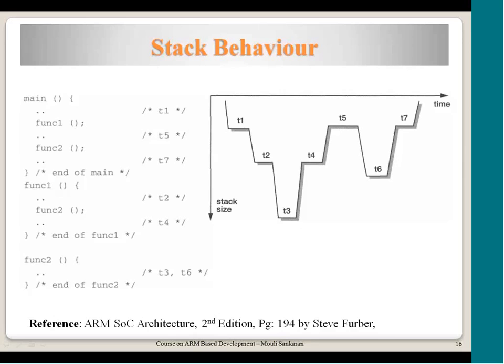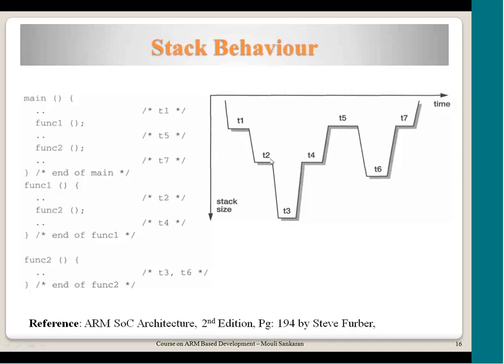As you see, at different points in time, at T1 it has not even gone into function 1, and when it is inside function 1 at T2, the stack is used for function 1. Then at T3, when function 1 calls another function 2, the stack grows again. You may wonder why the depth is more here or less here. That's based on the amount of space required for local variables or parameters in individual functions.